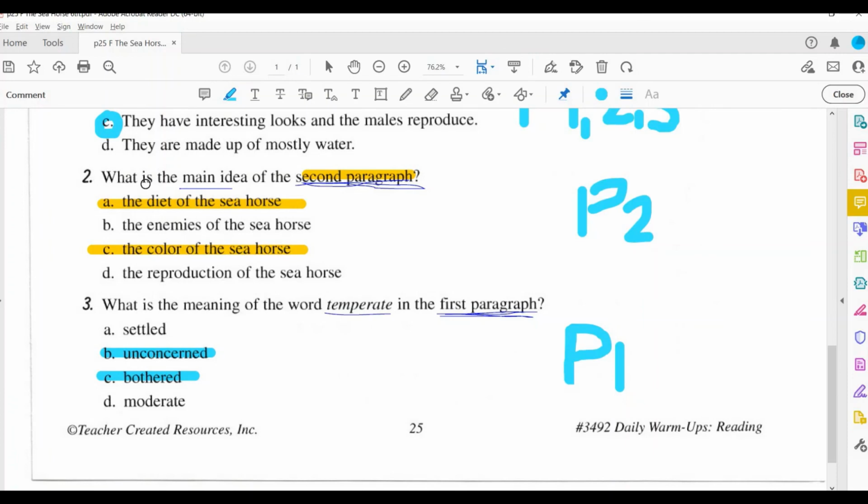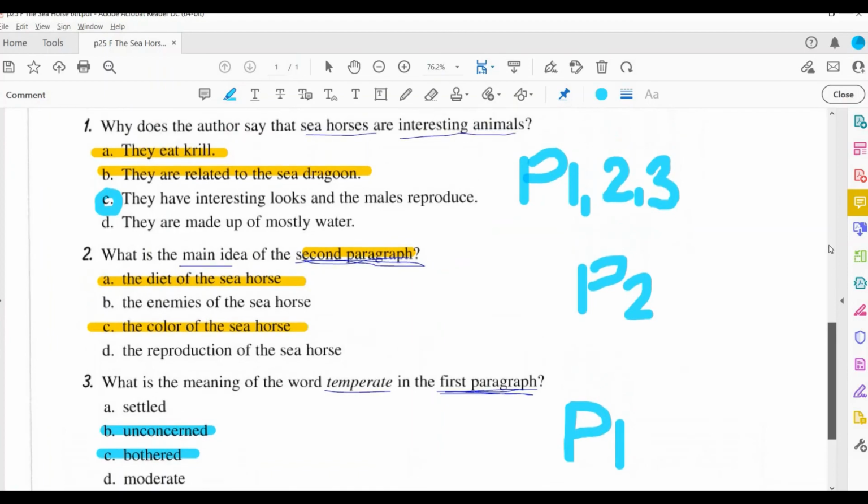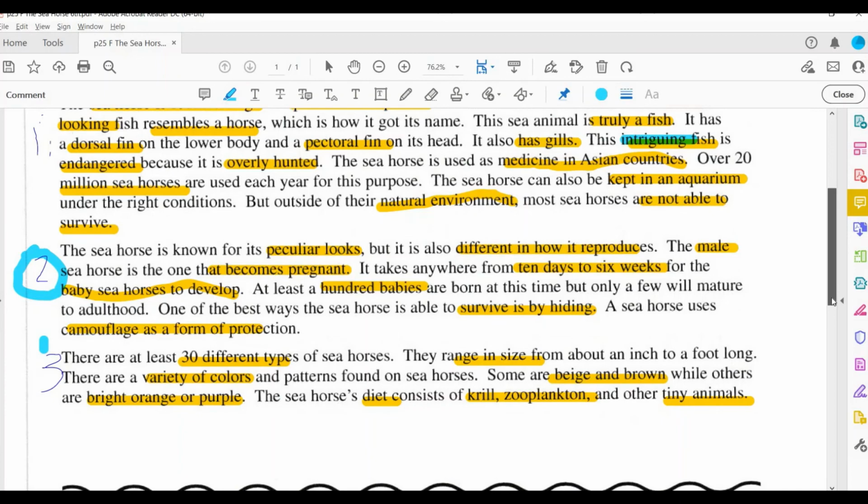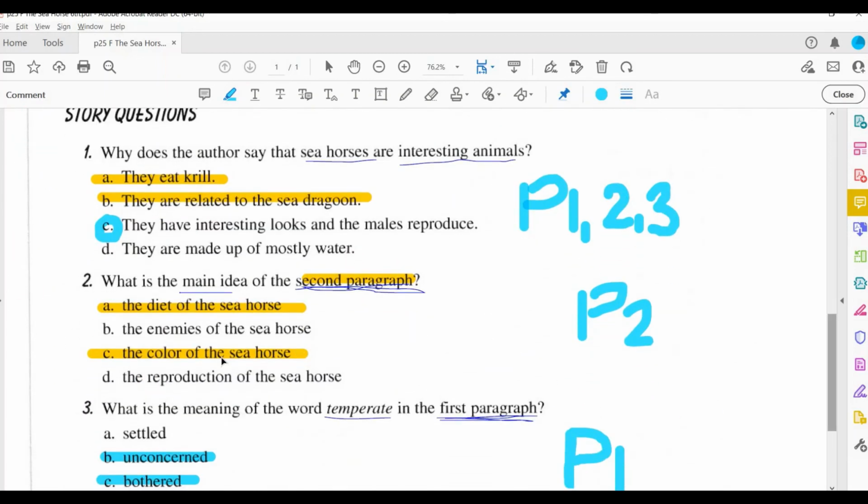So in paragraph 2, what is the main idea of the second paragraph? So going back up here, we know that it talked about the male seahorse reproducing. That is that second paragraph. So look, the main idea, this is my final answer, the reproduction of the seahorse.